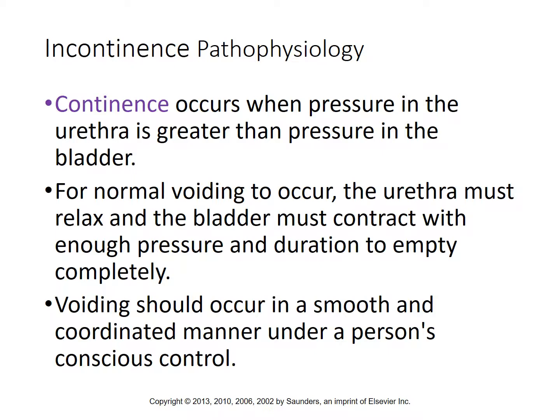For normal voiding to occur, the urethra must relax and the bladder must contract with enough pressure and duration to empty completely. Voiding should occur in a smooth and coordinated manner under a person's conscious control. That is the ideal situation.